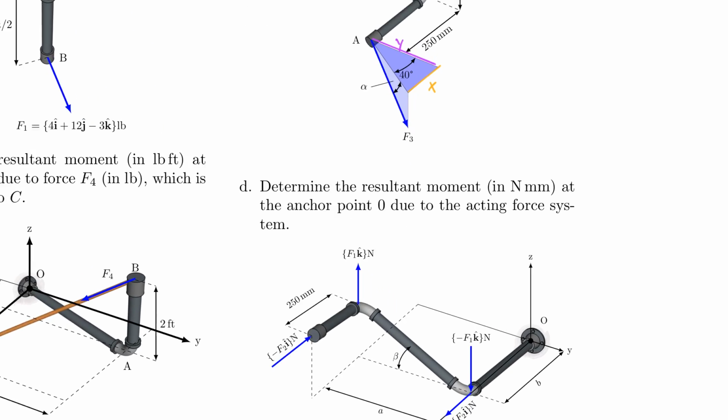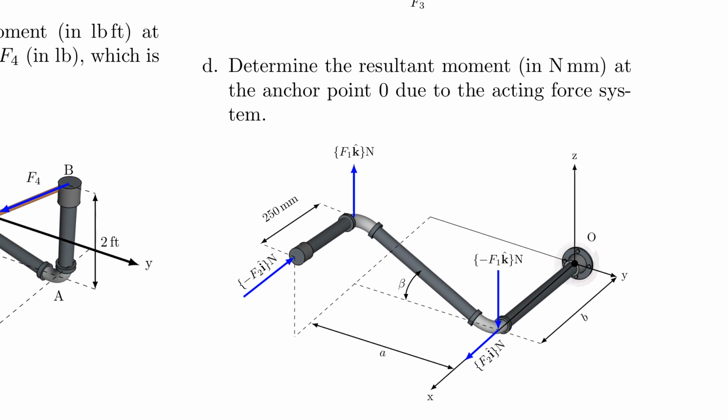Let's look at problem D, which is a lot of fun because it looks like a lot of work initially, but maybe once you start it, you will be convinced that it's not that bad. You have F2 here, F2 here, and then here you have F1 and you have F1 here.